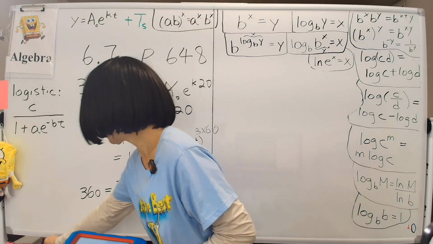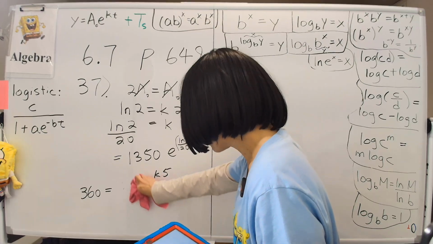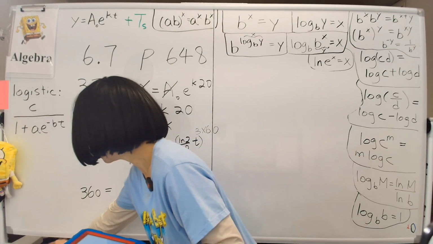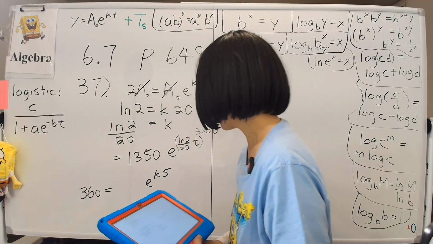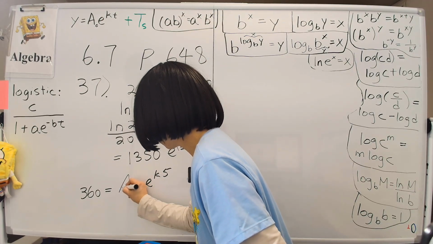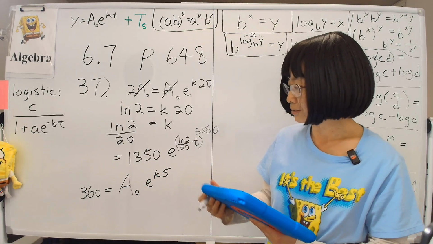And this is just A0, because we don't know what A0 is yet. A0 is the beginning number of bacteria, and it doesn't say what it is. It only says that after 5 minutes it is 360. So right now we don't know what it is at time equal to 0 minutes. So this is all we know.